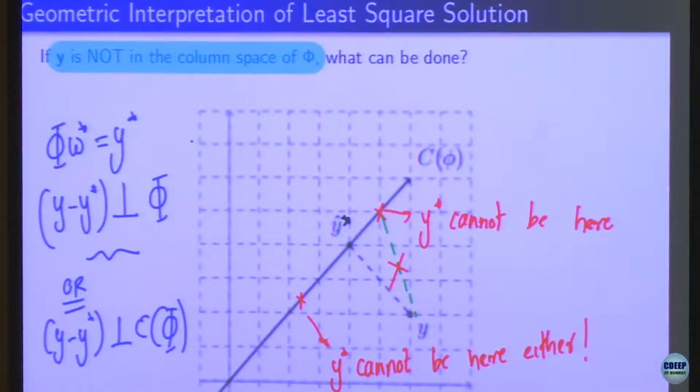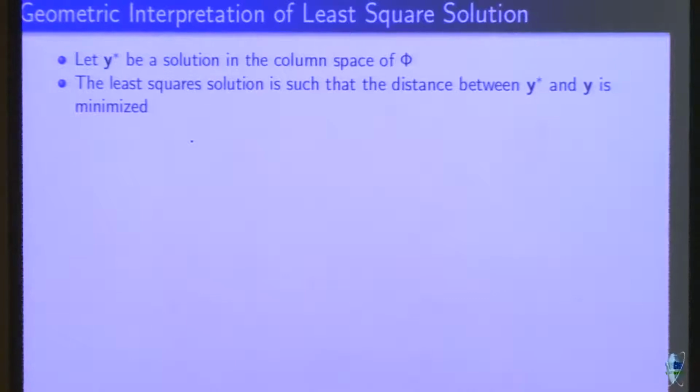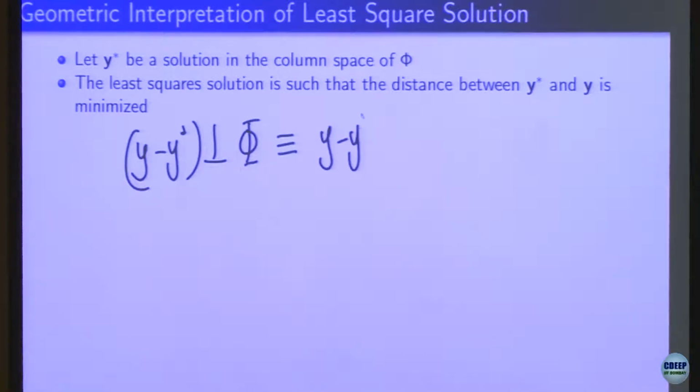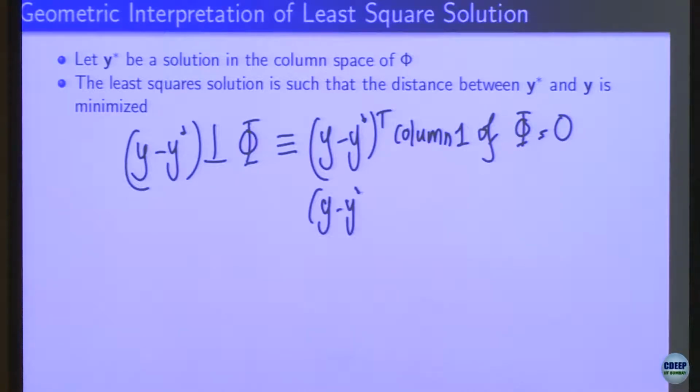Okay, so these two conditions I'm now going to again write. y minus y star orthogonal to phi is the same as saying y minus y star transpose column 1 of phi is 0, y minus y star transpose column 2 of phi is 0, and so on, right?